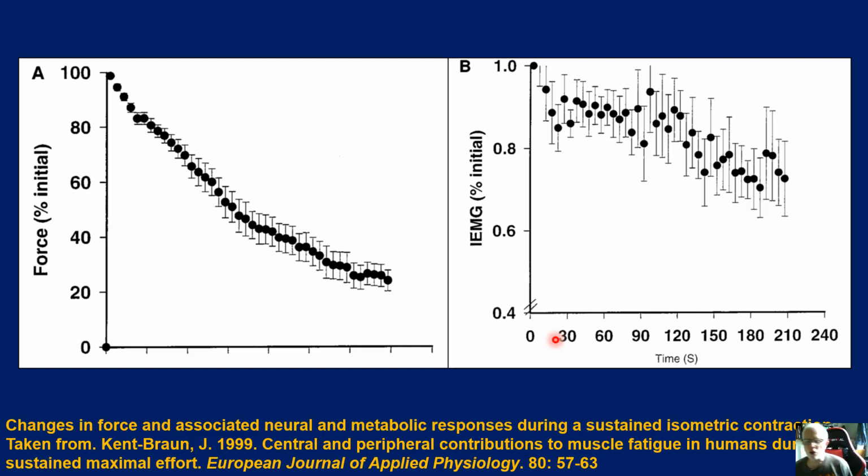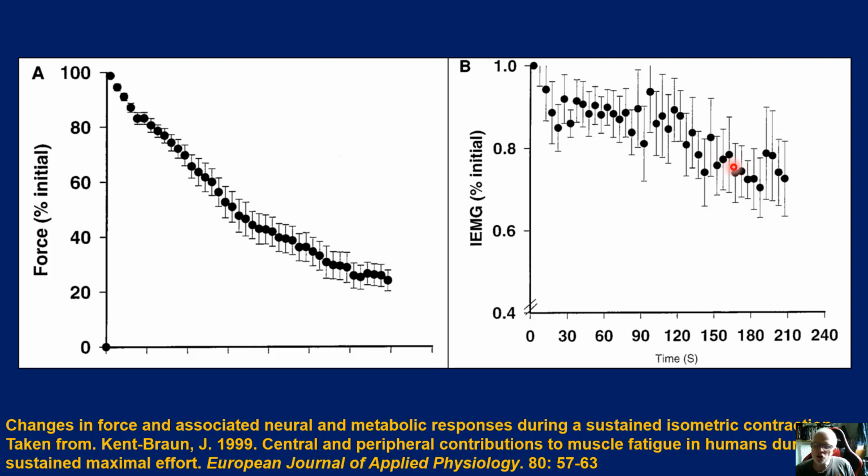But look what we also see over this same time period: we start to get a decrease in what's called the IEMG, the integrated EMG signal. It's simply a representation of neuromuscular capability.